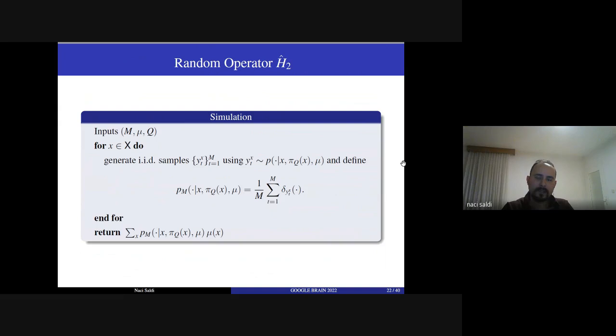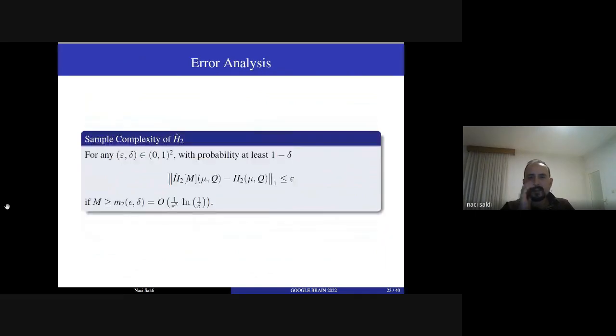So if you do a simulation at each state for your transition probability, and if you take the empirical distribution of the data after the simulation, then it is your empirical estimate for your transition probability. And using this empirical estimate, you can compute the new mean field term approximately like that.